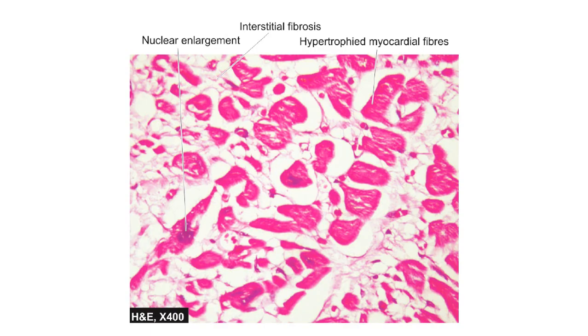So this is the microscopic appearance of hypertrophy. Hypertrophy is usually related with increased size of the cells, or here, increased size of the myocardial cells if we talk about the heart.